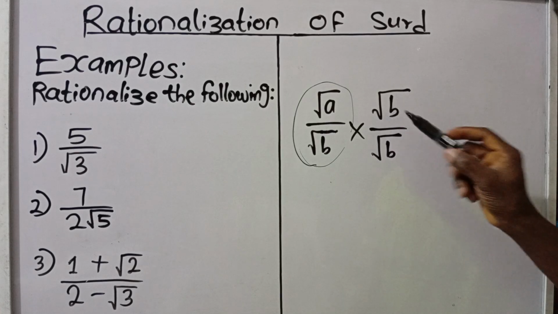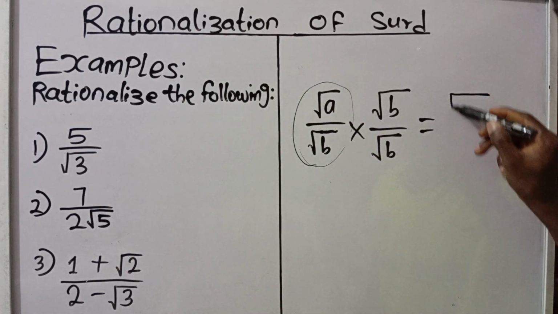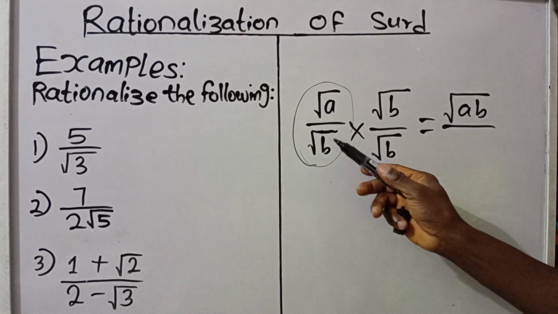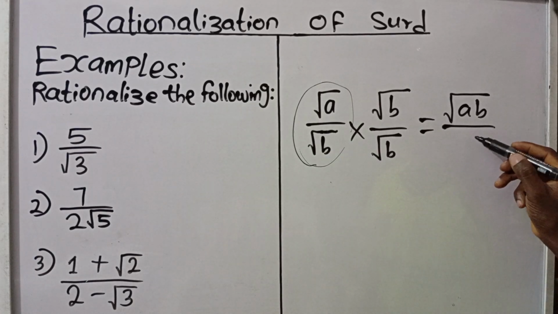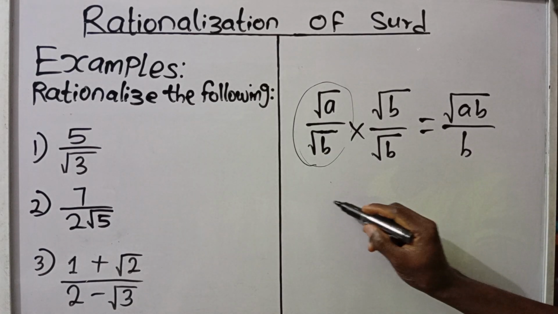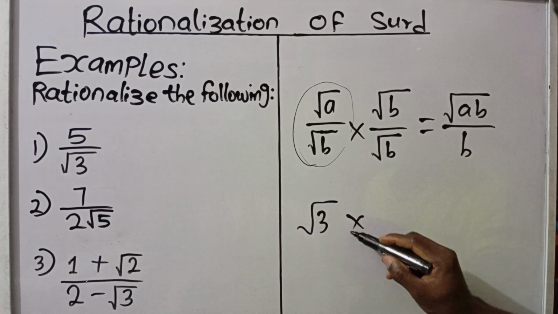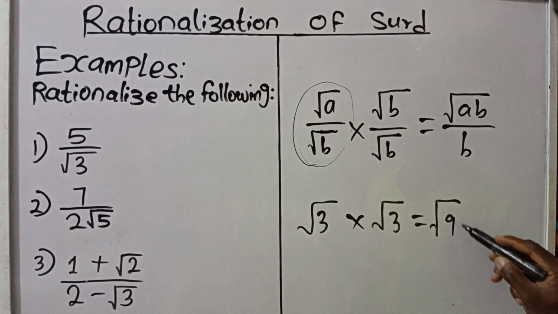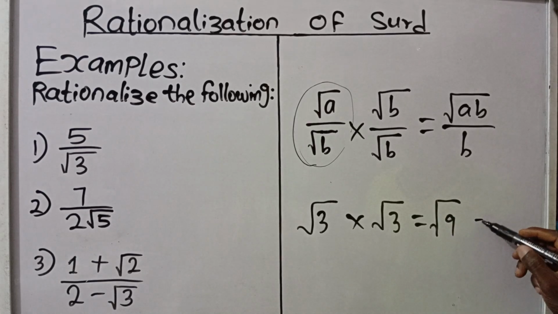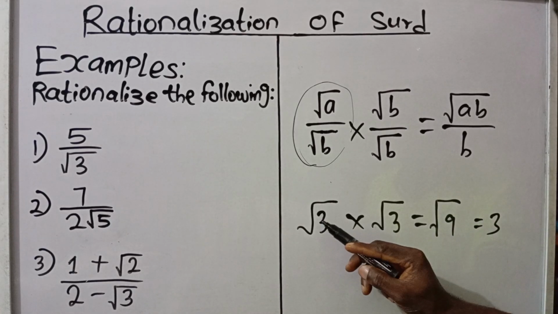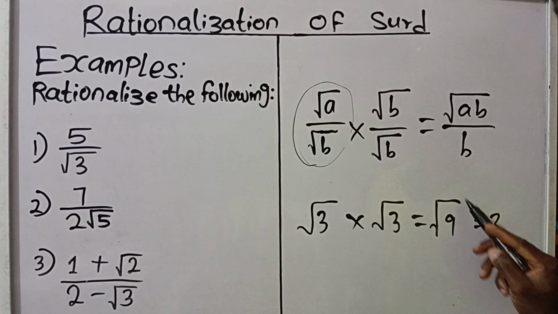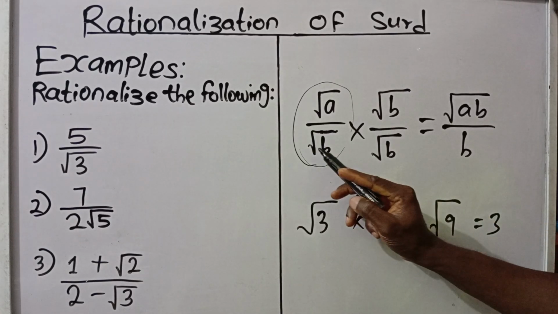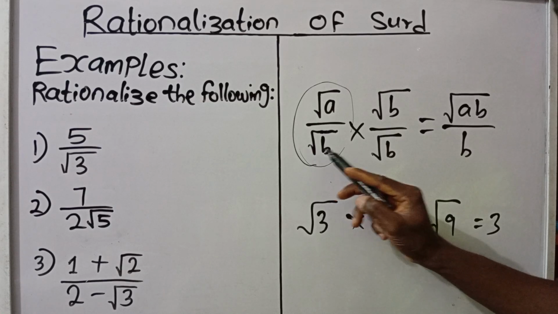Root a multiplying root b will give me root ab all over root b multiplying root b will give us b. Recall that if we have root 3 multiplied by root 3, that's supposed to give us root 9, of which we know that the square root of 9 will give us what? 3. So instead of writing root 3 times root 3 equal to root 9 and eventually write it as 3, I can write it straightforward from this particular point.